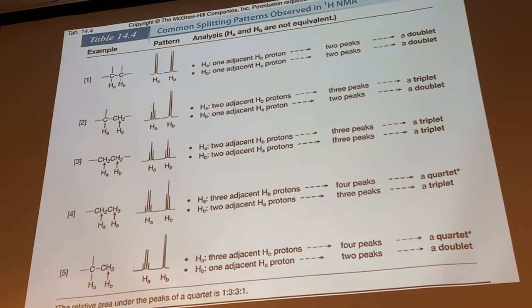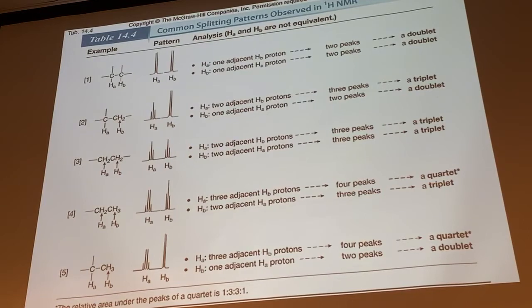If you understand the n+1 rule, then you understand that if you have two doublets, that means you have two CHs that are next to each other that are not coupling to anything else. You understand that if you have a triplet and a quartet, you have an ethyl group, okay? So do not memorize this. If you understand it, that's a sign that you understand splitting and you understand the n+1 rule, okay?